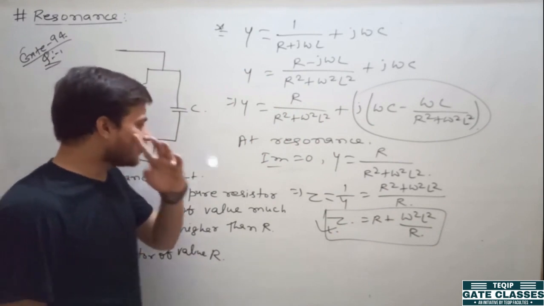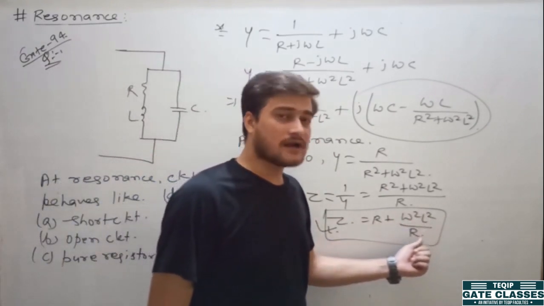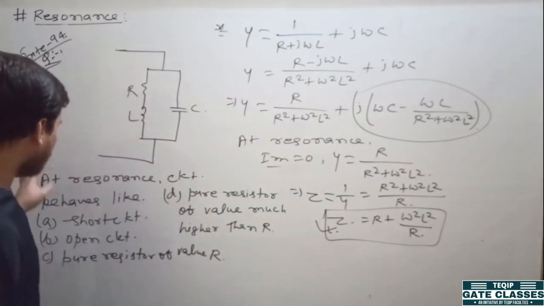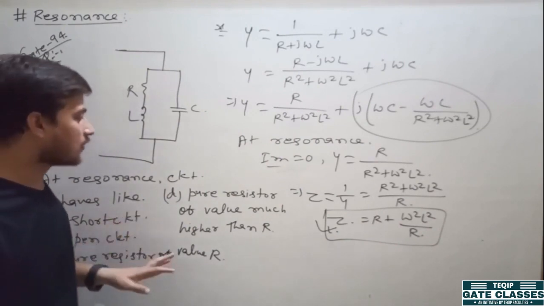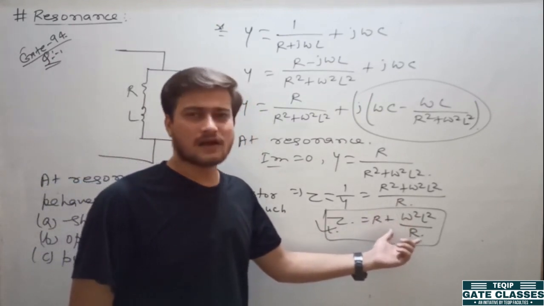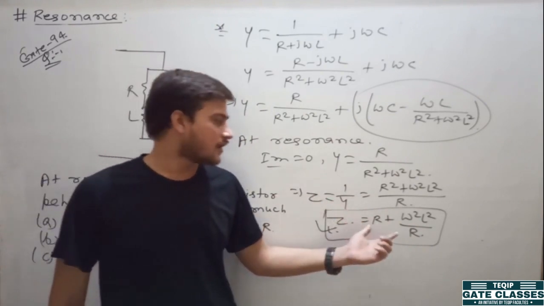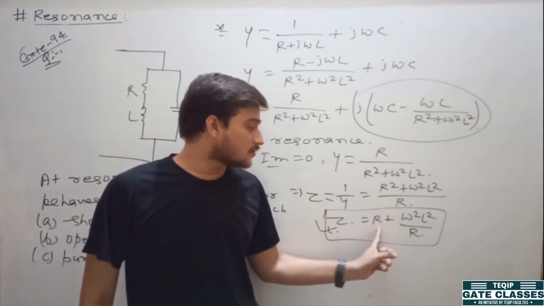First thing, it is clear that it is neither short circuit nor open circuit. Third option is pure resistor of value R. It is behaving like a pure resistor because only the real term is there. There is no imaginary term. But its value is not R only.